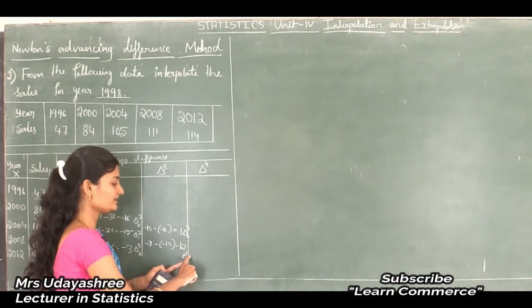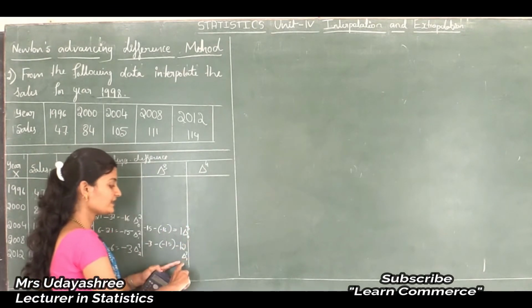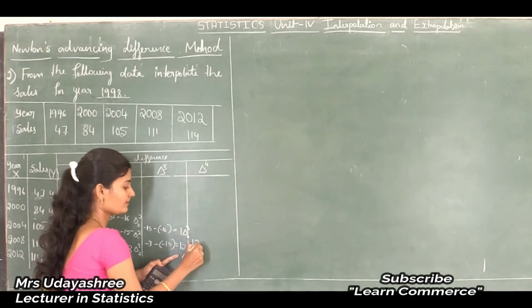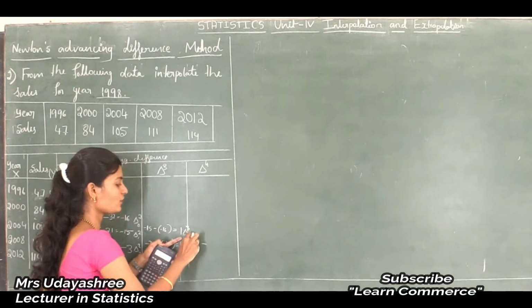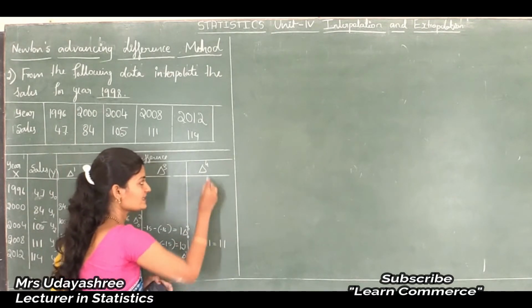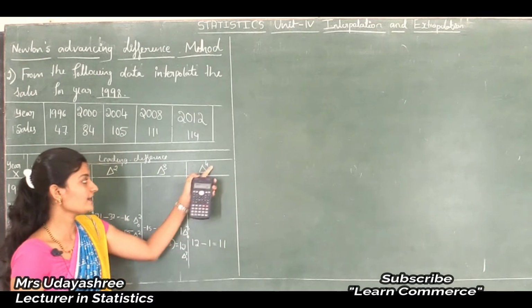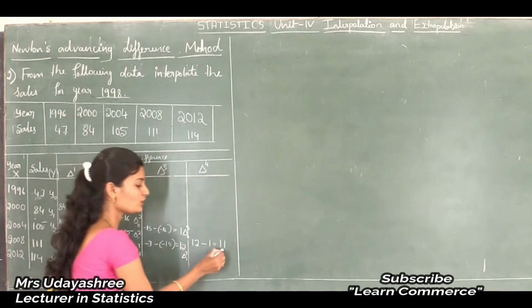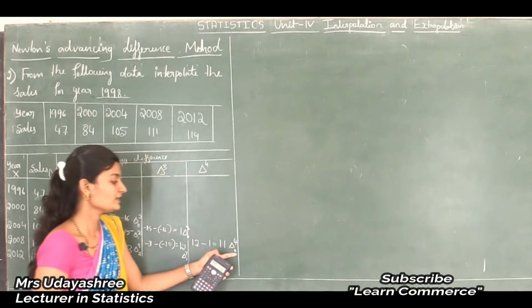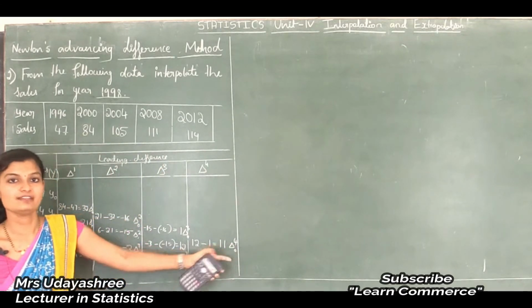That is delta 1 3 minus delta 0 3. Here delta 1 3 is 12 minus delta 0 3 which is 1. So 12 minus 1 is 11. This is the delta 4 observation. Here only one observation is there, therefore this is delta 0 4. Here we got a single value, therefore I will stop here.